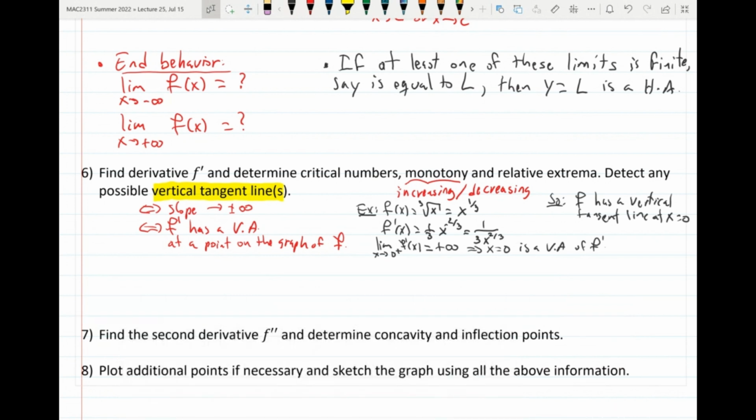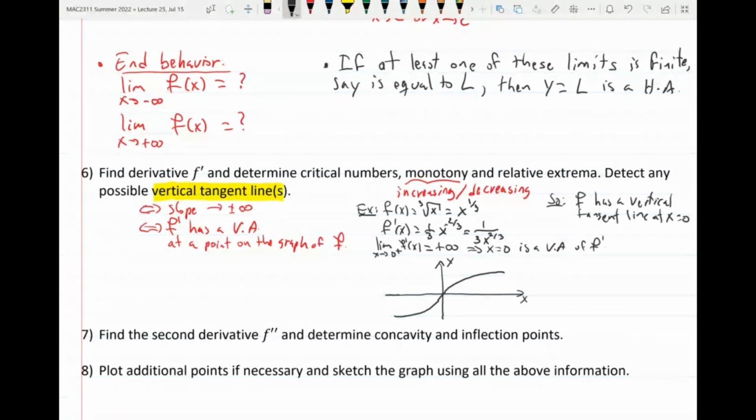So let's look at the graph of the cube root of x. This is one of your basic functions, right? We have an inflection point at 0, 0. If you find the second derivative, you figure out that there is an inflection point at 0, 0.